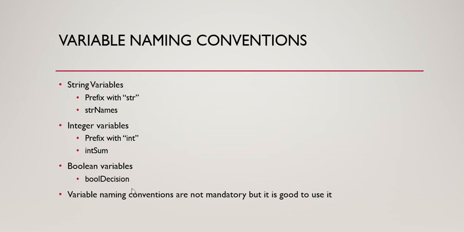And variable naming conventions are not mandatory, but it's good to use them because you will see that just at first glance, you could say that this is a string variable, or this is an integer variable, or this is a Boolean variable. So there will be a faster understanding of that variable.